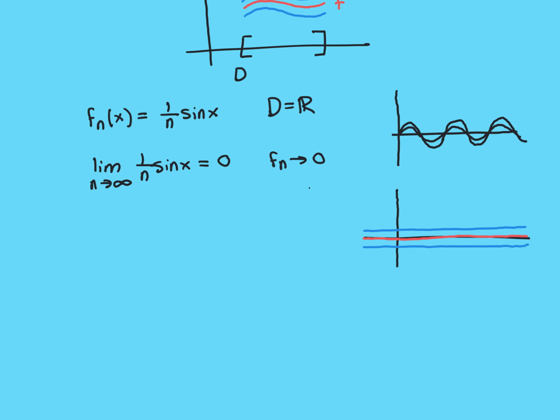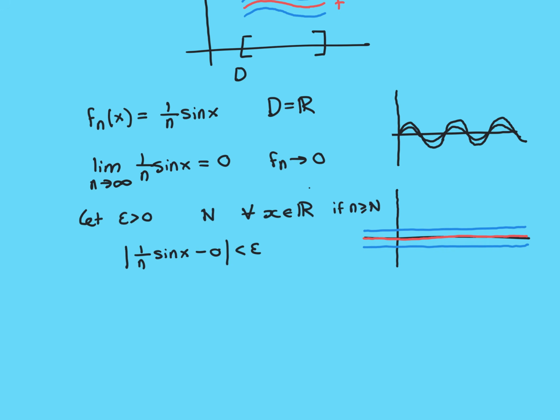It needs to be the case that in my sequence of functions, at some point and for all terms beyond it, they are all inside this blue interval drawn around my limit function. You can see that as n gets bigger and bigger, the peaks and troughs of these sinusoidal functions get smaller and smaller, so they will at some point be contained inside this tube, which you can do by making n bigger and bigger.